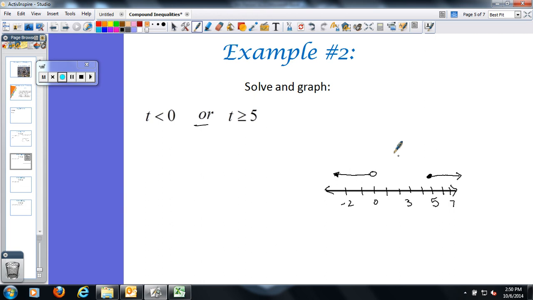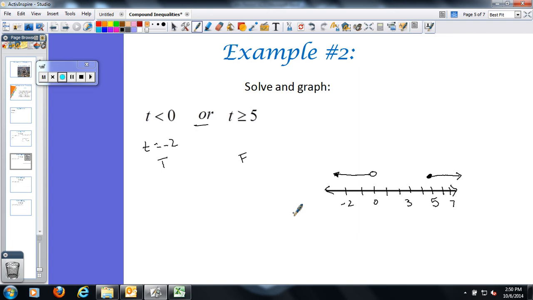Okay, now this one, this is why it's an or, because if I use -2, it's true here, right? So if t equals -2, it's true here, but this one is false. So this is why it's or, okay? With or statements, if one is true and one is false, that is a true statement.